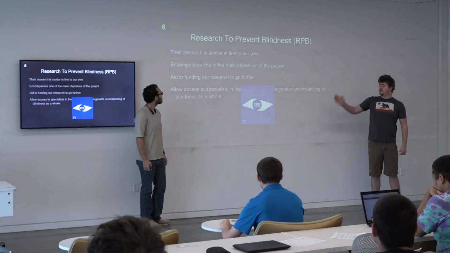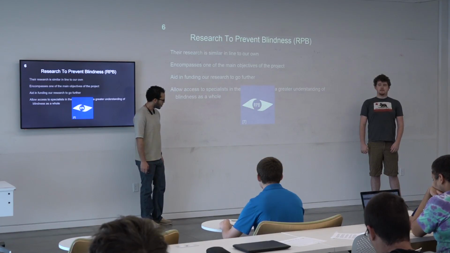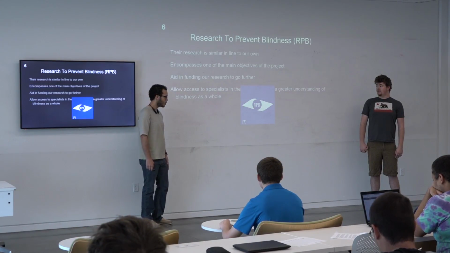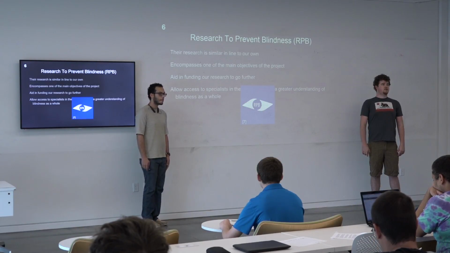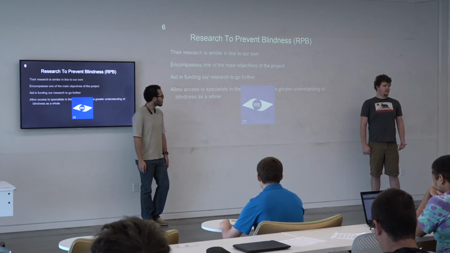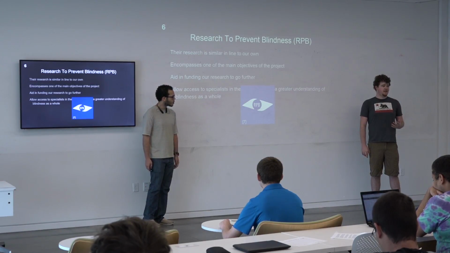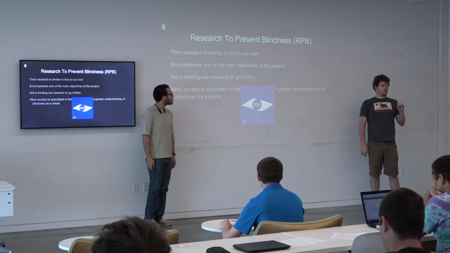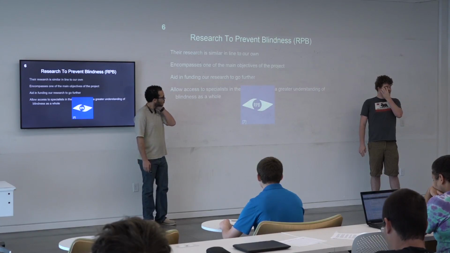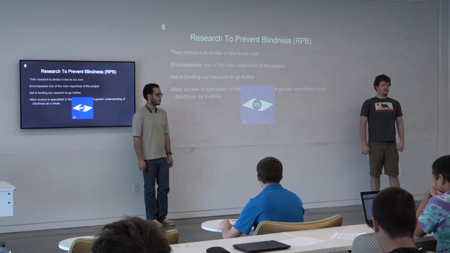And Research to Prevent Blindness, that's the actual name of the organization. They put a lot of funding into research in order to prevent blindness, and that's basically what we would be doing. Not necessarily in the sense of someone who has been born blind, but to prevent people from going through cataracts, and allow them to actually have a natural lens and not have to worry about their artificial lens shifting, or after-surgery cataracts, which is actually not super common, but it is a risk associated with cataract surgery.